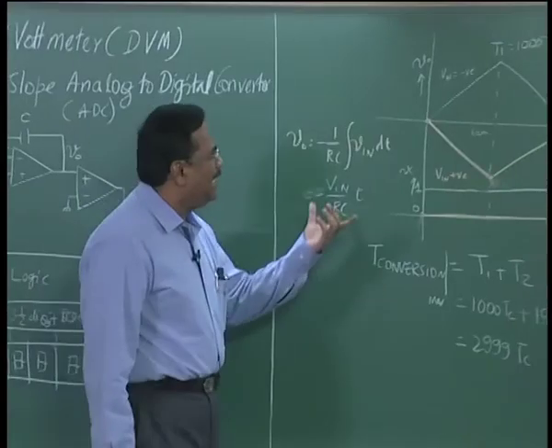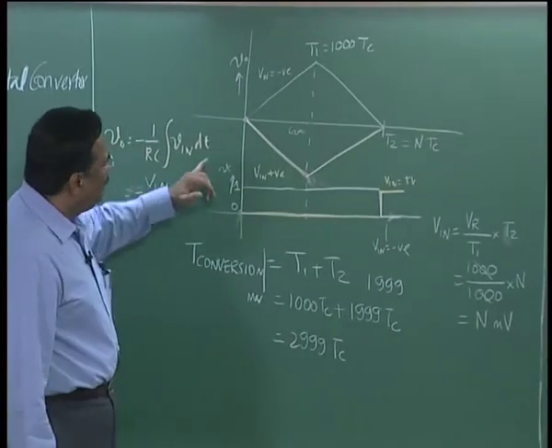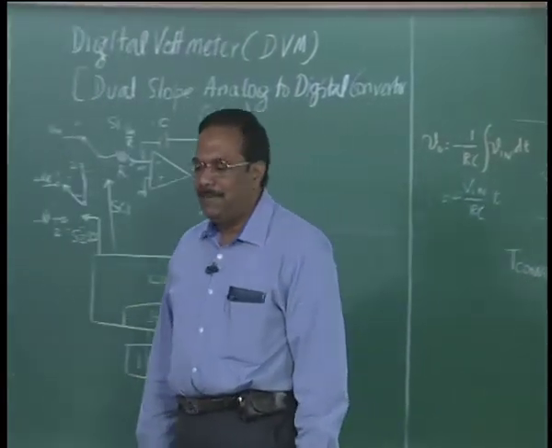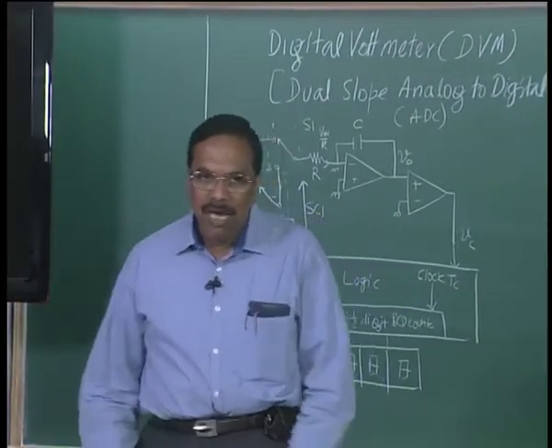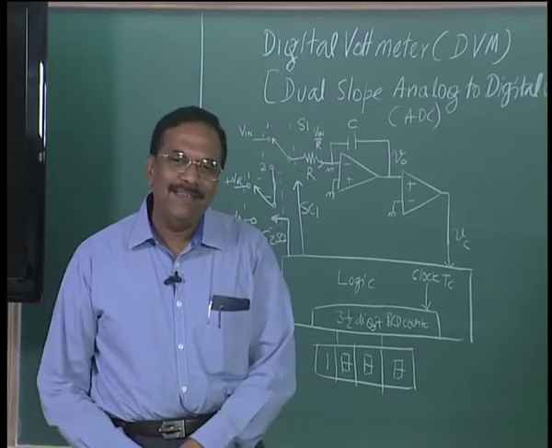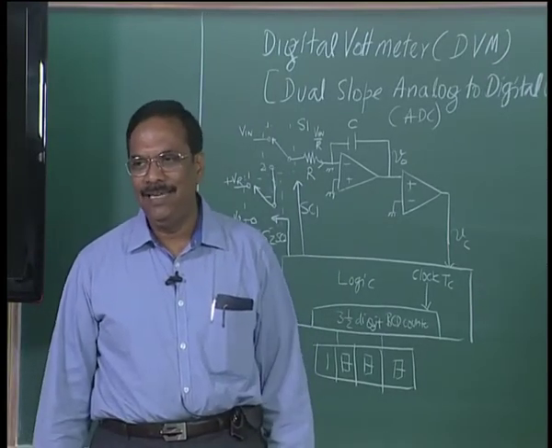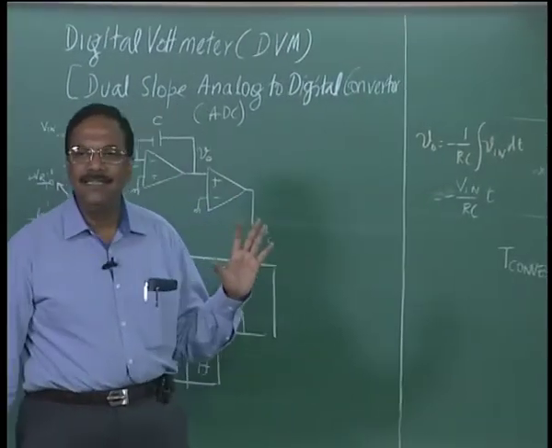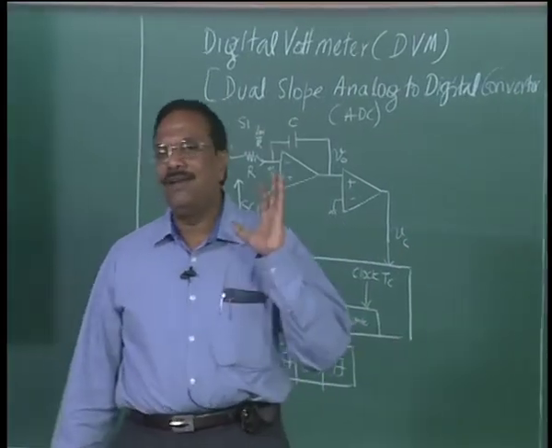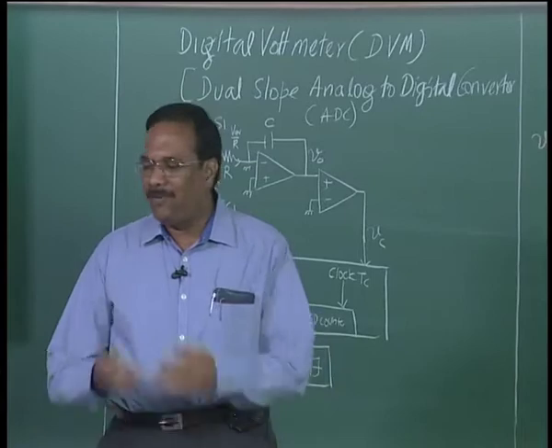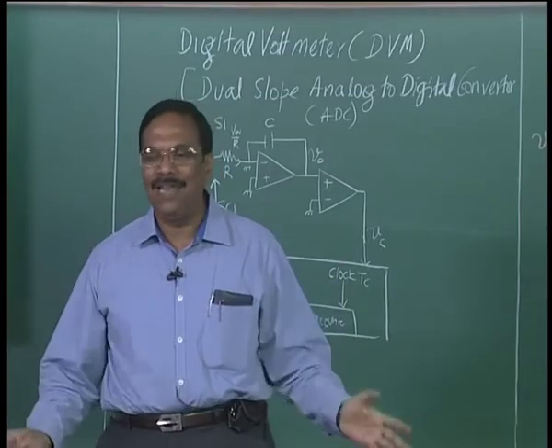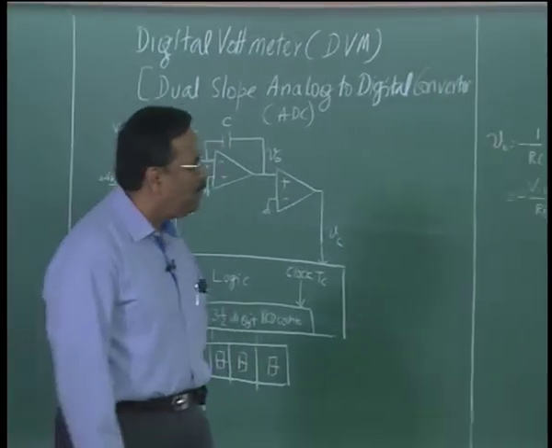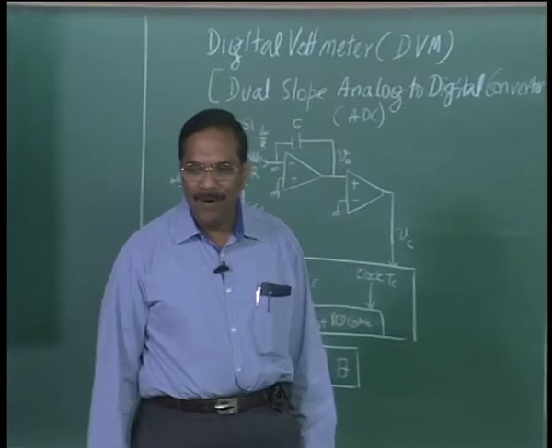Now let us look at T1. During T1 Vin is integrated. With instruments, you will always get interference and noise on your input. The one interference that we always get is the power frequency, because we have power wires running all around our labs, rooms, houses and so on, and there would be a 50 hertz or 60 hertz power interference.